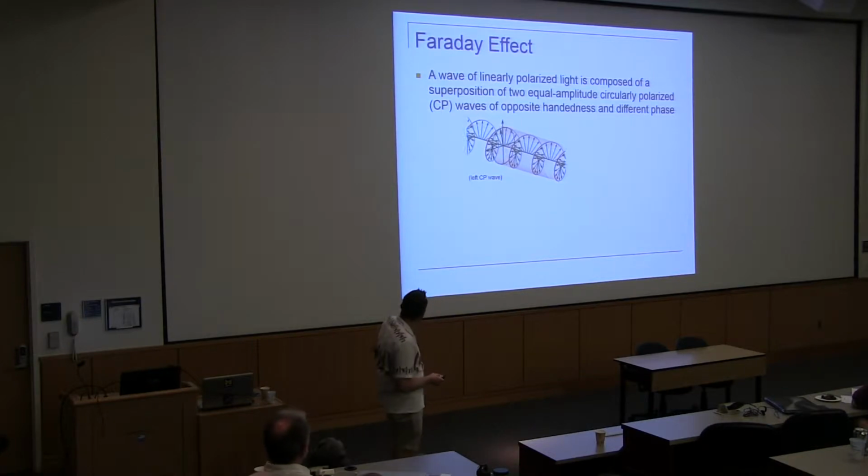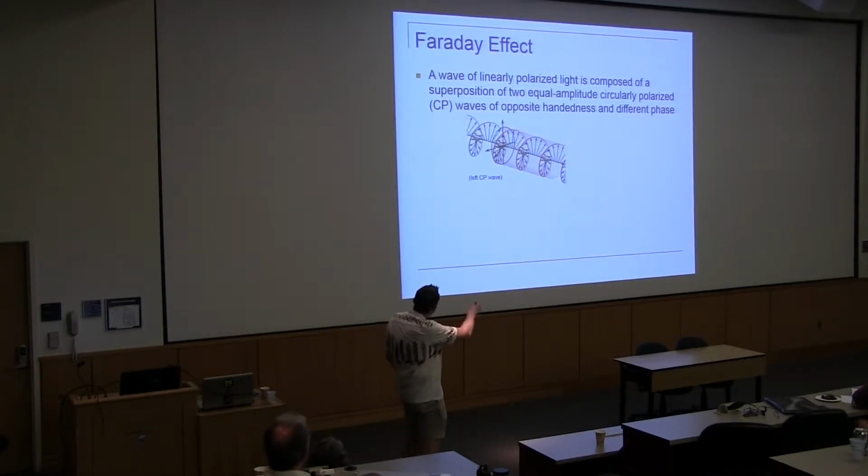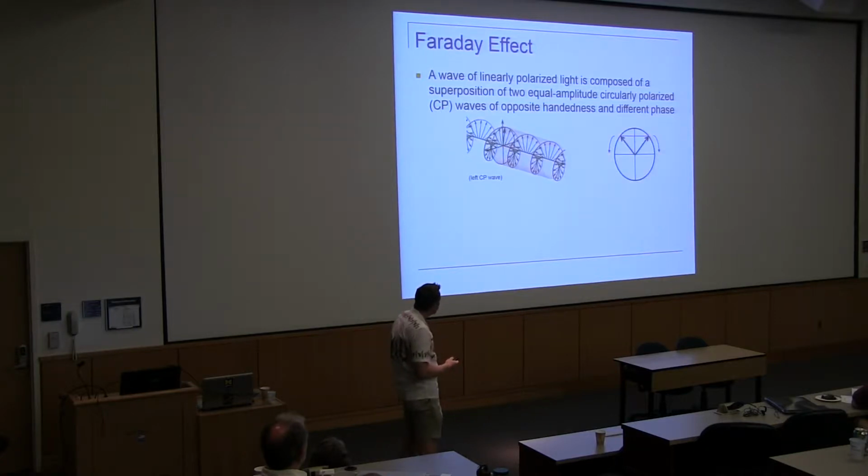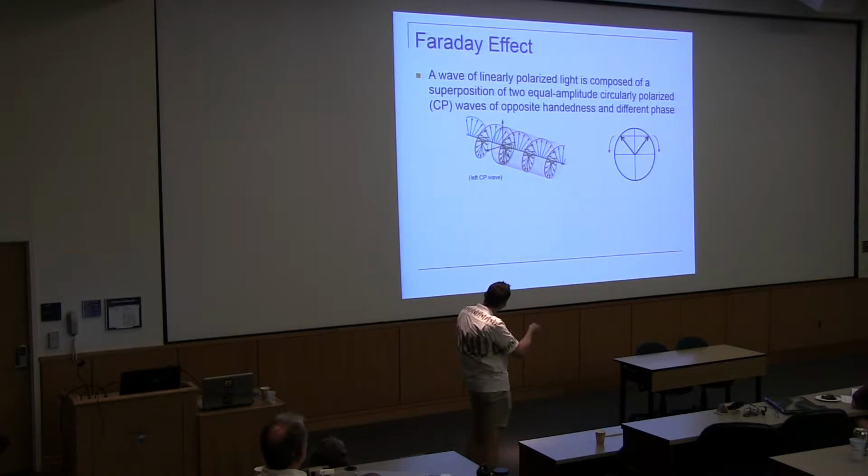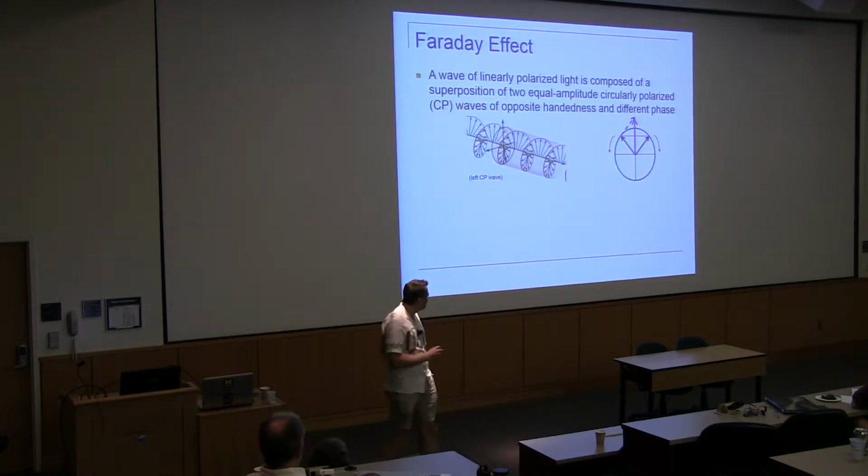So this would be one left circular polarized light wave, traveling from here down to here. Now if we superimpose two of them, one is left circular polarized, and this is the electric field vector. It rotates this way. The right one rotates that way. Then you add up the electric fields, and you get this.